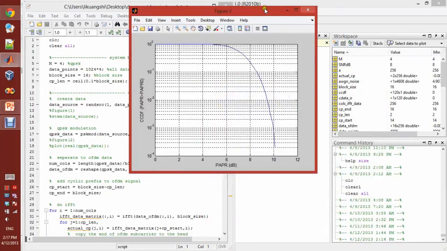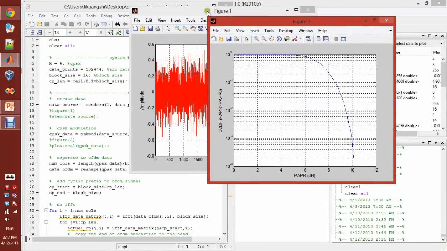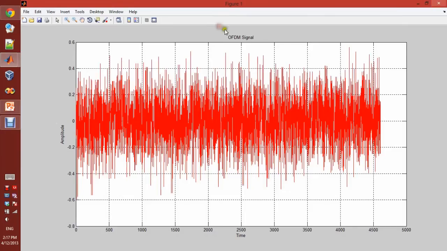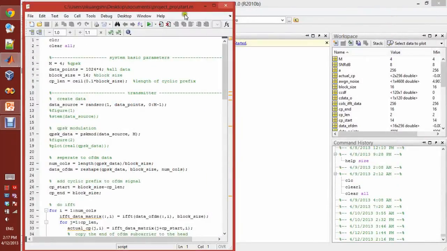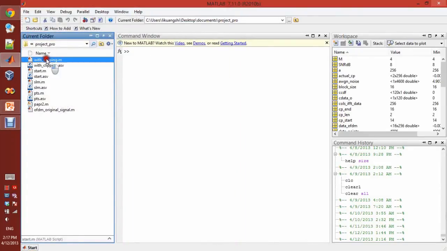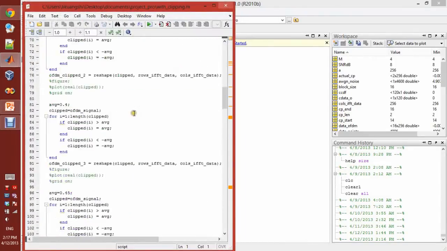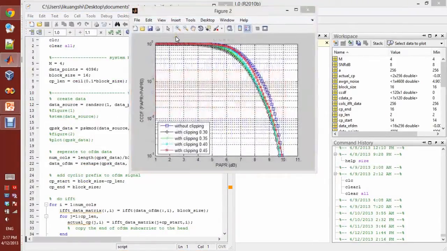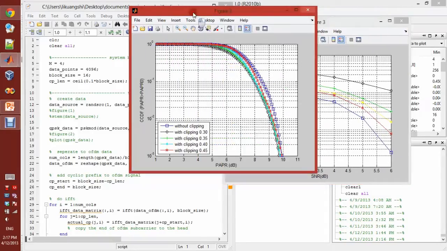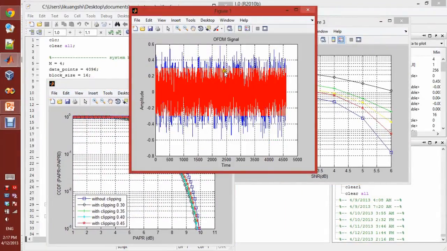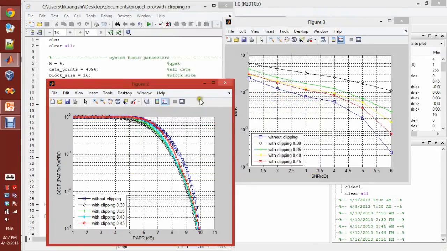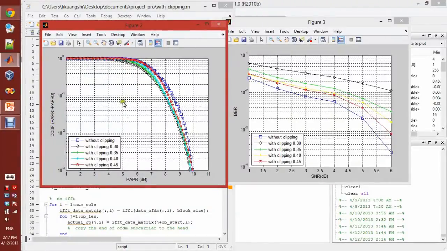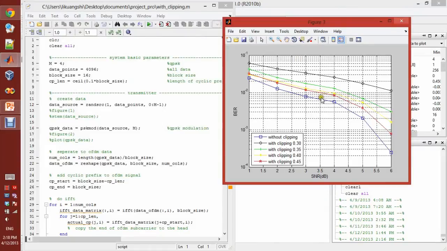This is the CCDF. This is the signal. This program is using clipping. You can see that this is the signal after clipping, the red one. And this is the CCDF with different vectors.